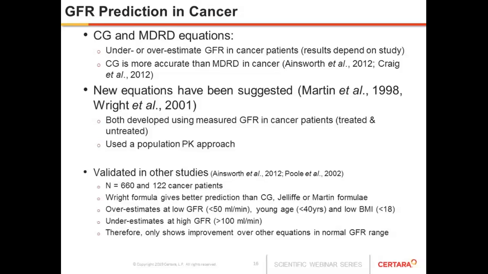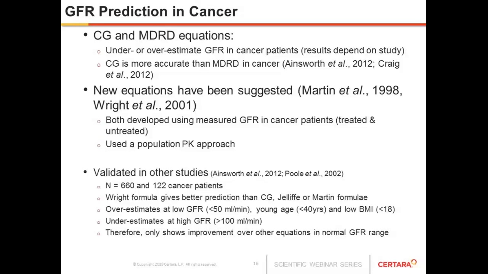And generally, Cockcroft-Gault is seen to be more accurate, but it's been more appropriate in some circumstances to use alternative equations. So essentially, we've looked at this in terms of studies which have been published, but also looking at our own internal verification process.